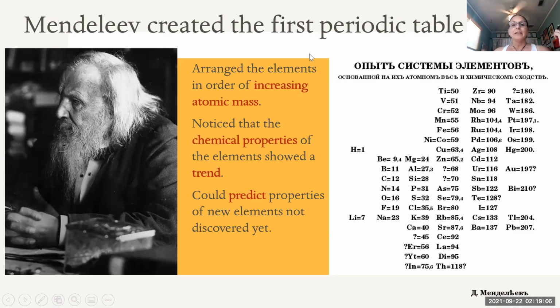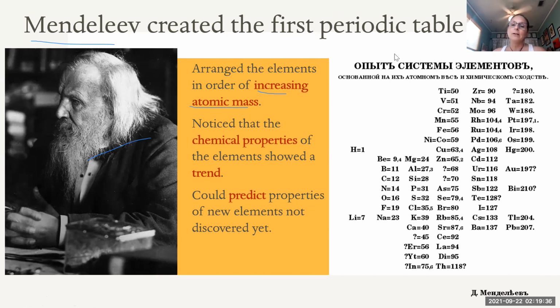So the first thing to discuss is where it all came from, and Mendeleev was the guy who created the periodic table. In creating the periodic table, basically what he did was arrange the elements in order of increasing atomic mass. He was able to weigh elements and figure out their atomic mass, and he figured out how to organize them according to their increasing atomic mass.